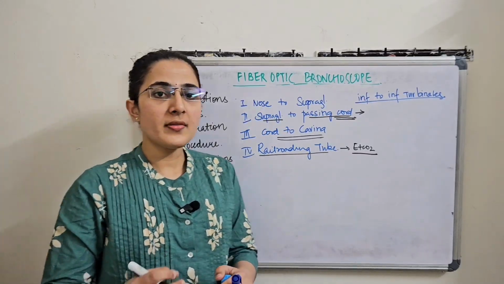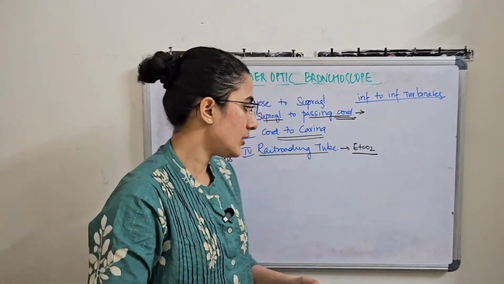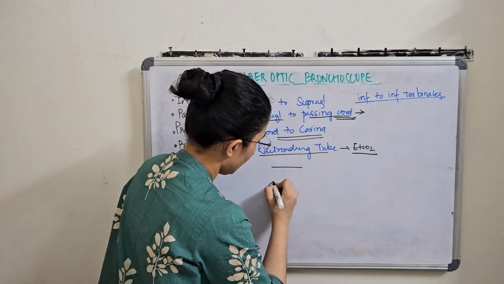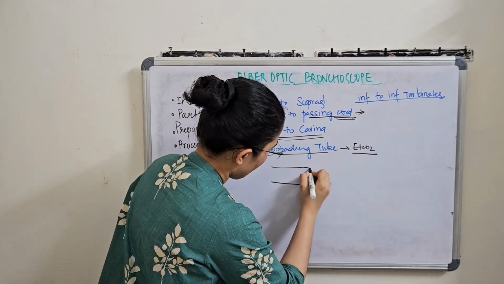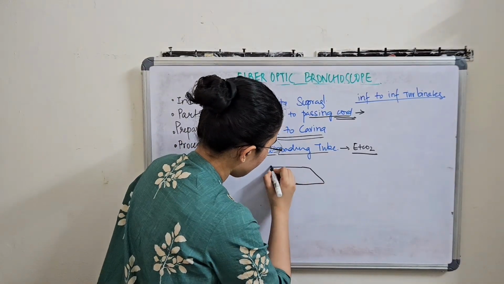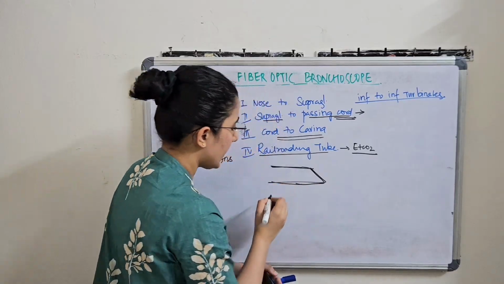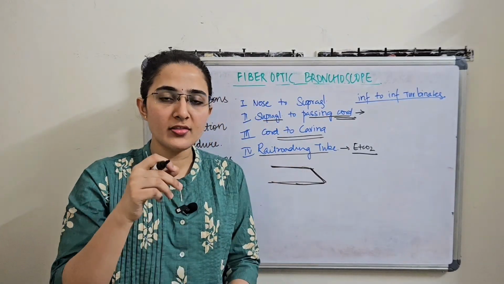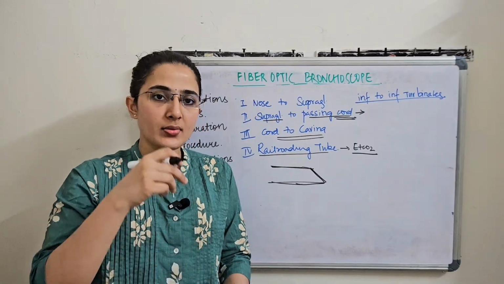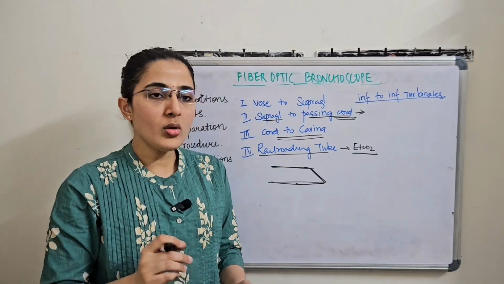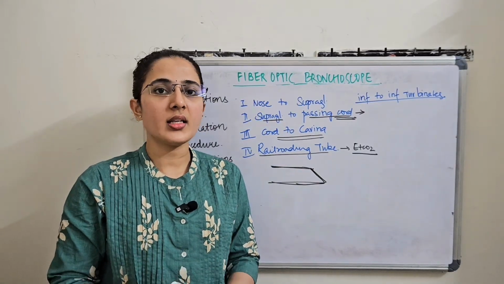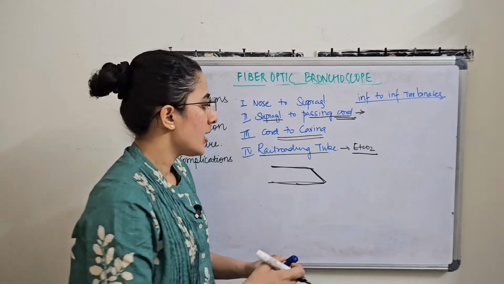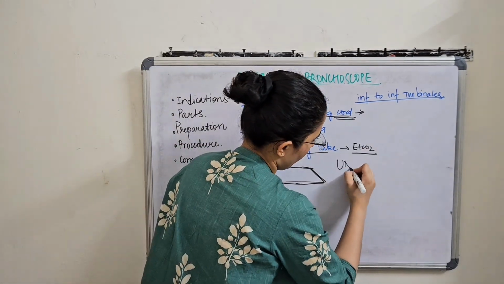Often the endotracheal tube may get hinged up when we are trying to railroad the tube over the fiber optic bronchoscope, that is, when we are trying to push it. One maneuver done in case of the FOB is the undo maneuver.